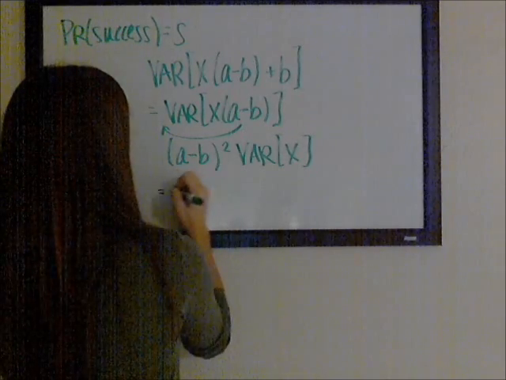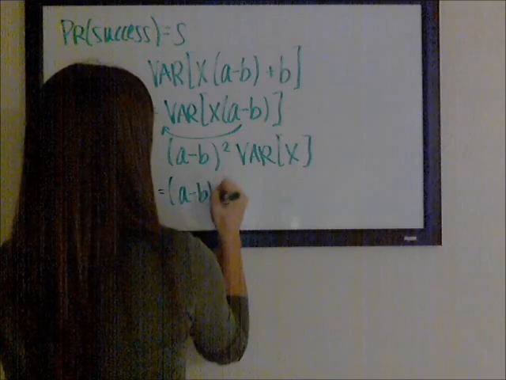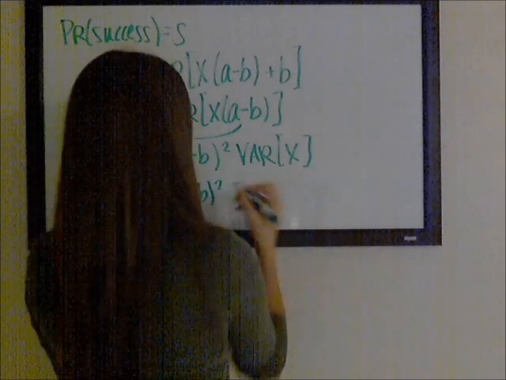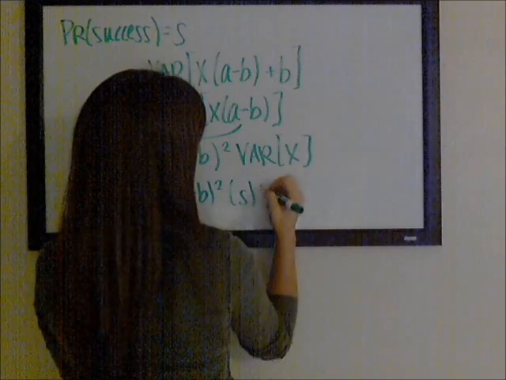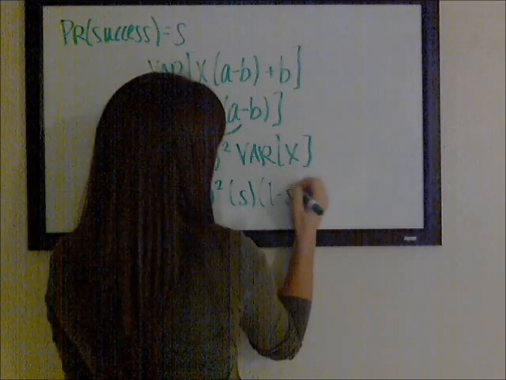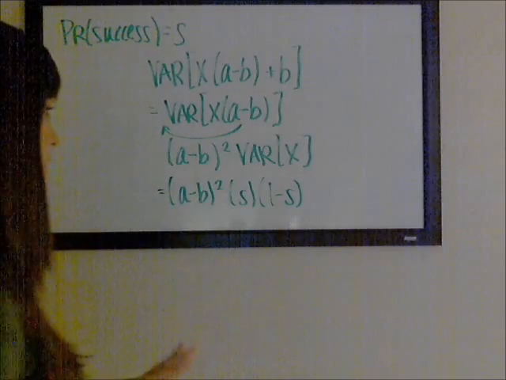So this is (A minus B) squared times the probability of success, which we called S, and the probability of failure, which is then 1 minus S.